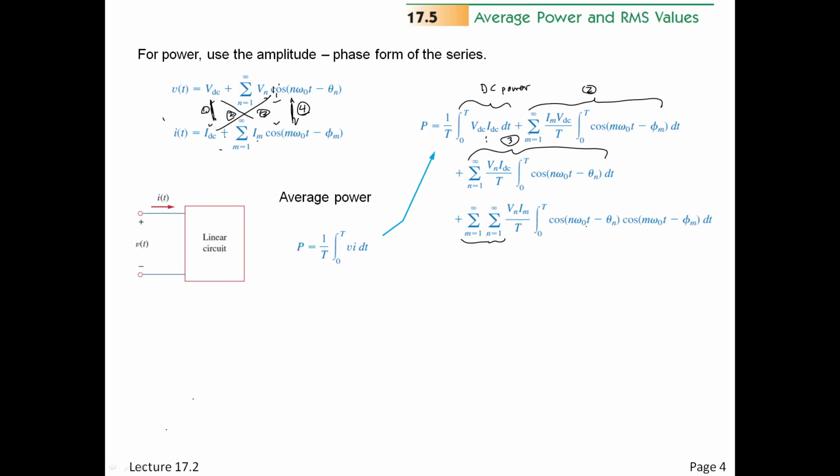Now, if we recall from our tables, again, you'll want to keep those tables handy. The DC power is, of course, the DC power. We have that. These two terms right here, if we look at our table of evaluated integrals, we're integrating across a whole period here.